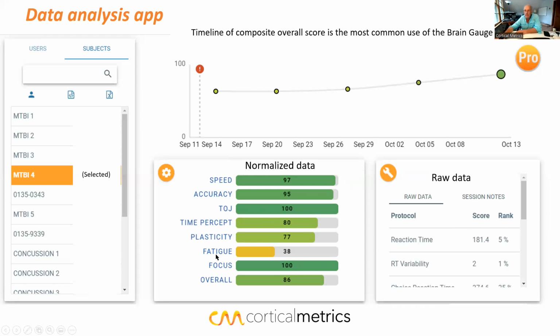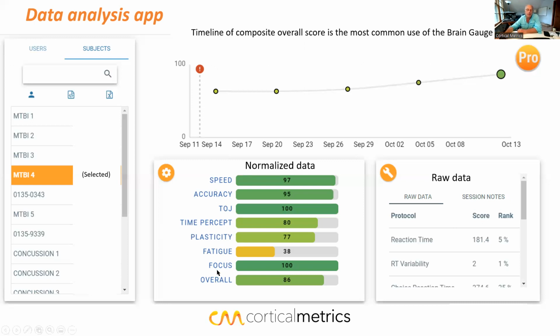Fatigue, that's just comparing how well you do from the beginning of that test battery to the end of the test battery. And it's just a computed score based on the whole battery. So make sure if you're taking the test or having someone take the test, they take the whole battery of tests.